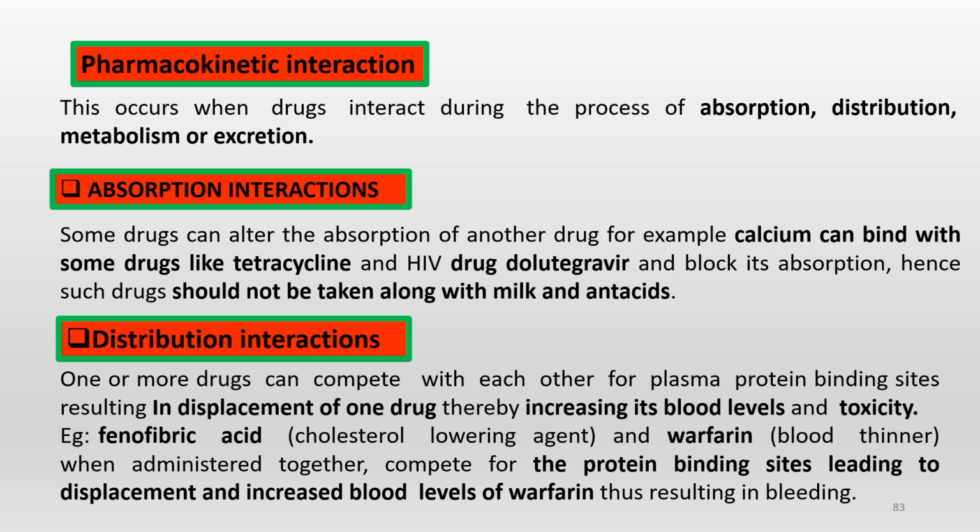Example, fenofibric acid, a cholesterol lowering agent, and warfarin, a blood thinning agent or anticoagulant, when administered together, compete for the protein binding site, leading to displacement and increased blood level of warfarin. Once the blood level of warfarin increases, it results in bleeding. So this type of combination should be avoided.